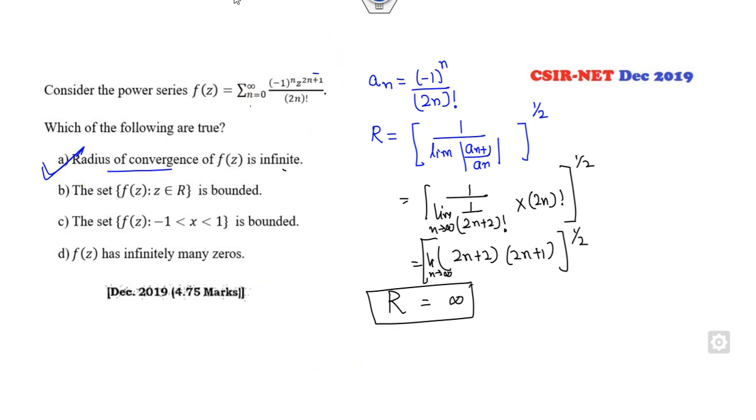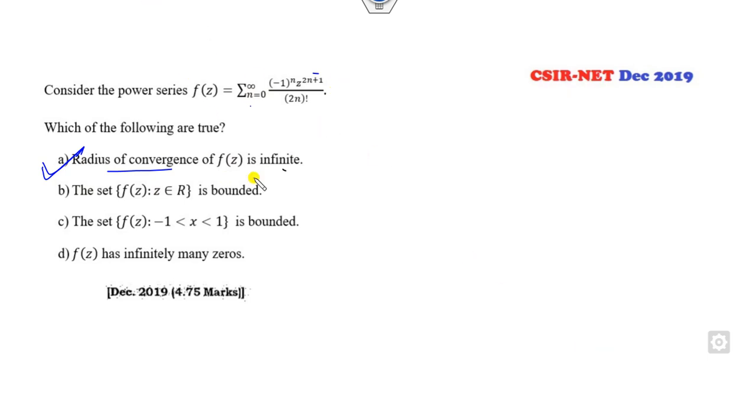The second one is to check whether the set of f(z) is bounded. Okay, so what is that? I can simply write it as the sum of (minus 1)^n over (2n) factorial of this part, from 0 to infinity. I can open this bracket.